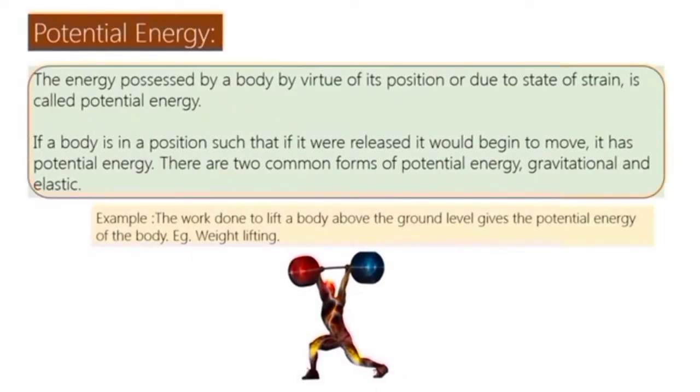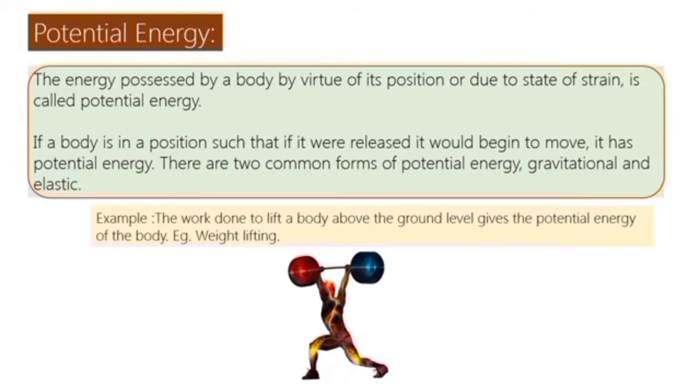The energy possessed by a body by virtue of its position or due to its state of strain is called potential energy. If a body is in a position such that if it were released it would begin to move, it has potential energy. There are two common forms of potential energy.